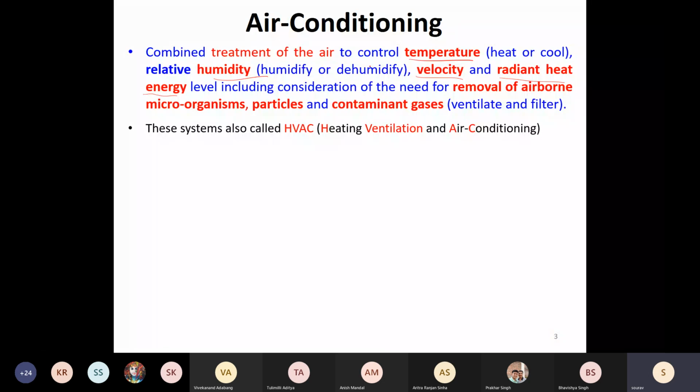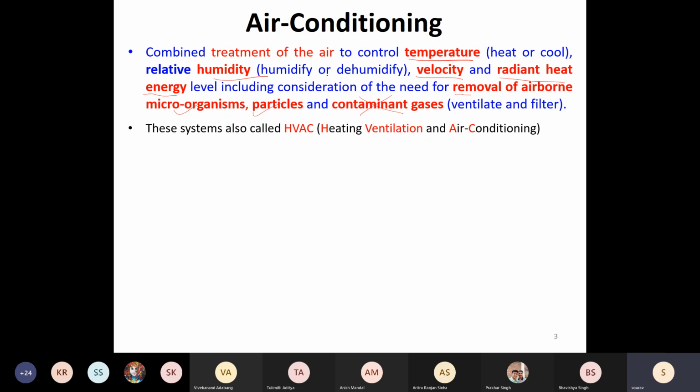And the definition doesn't stop over here. It also discusses the removal of particulate matter, microorganisms, and any contaminant gases. Now, in most of our domestic or residential usage, we are not going to have contaminant gases. Definitely, we'll have microorganisms and particles to be removed.